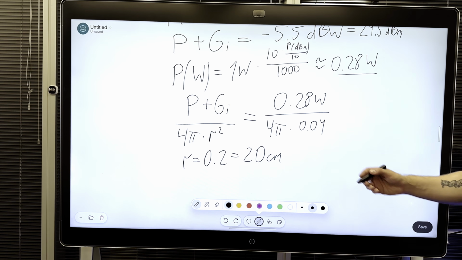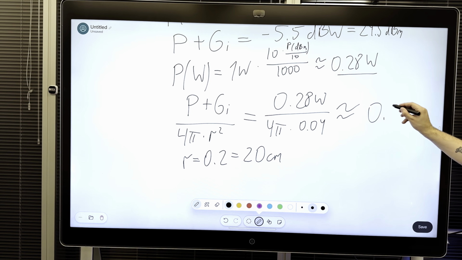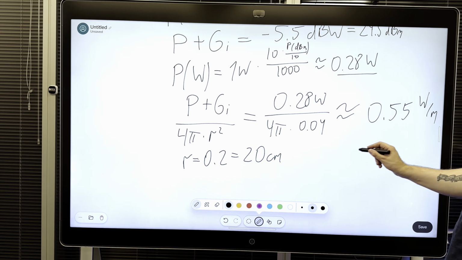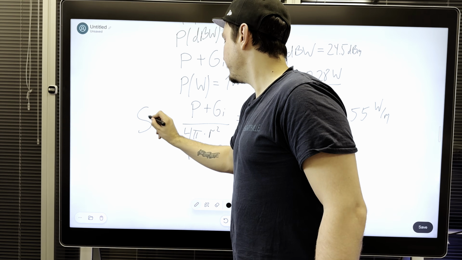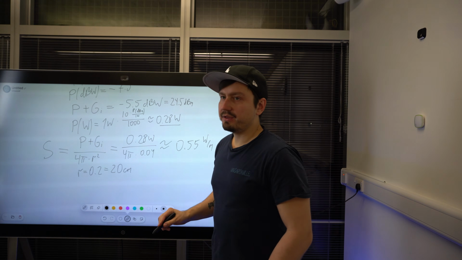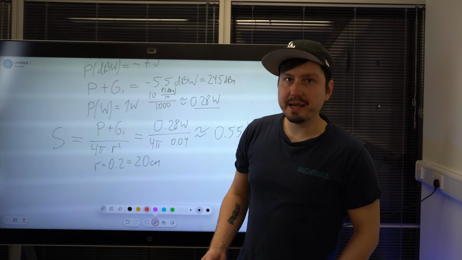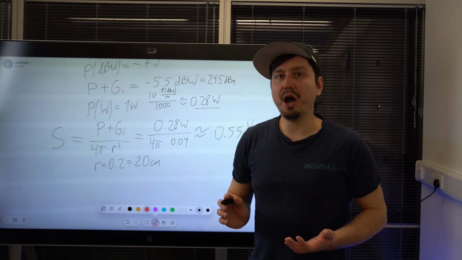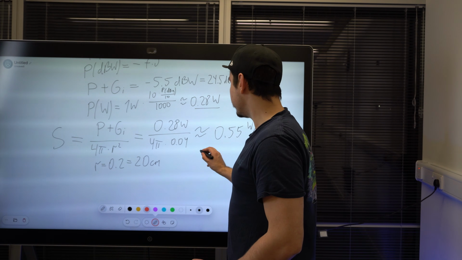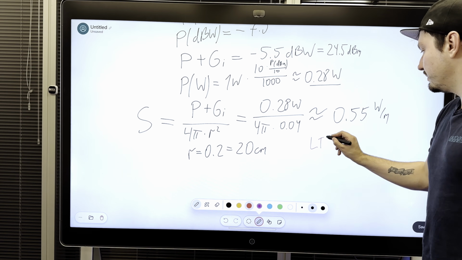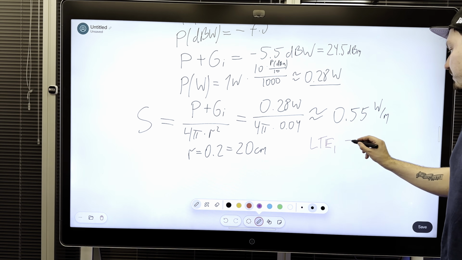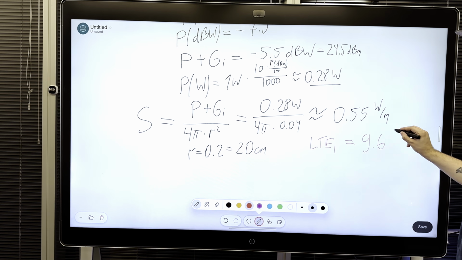So when we perform this calculation, we will obtain the value of 0.55 watt per meter squared. And this is going to be the final answer for S. So this is what S is equal to under the far field conditions. Now, you may ask what is the limit, and according to ICNIRP guidelines, the limit at LTE band 1 is equal to 9.6 watt per meter squared, actually.